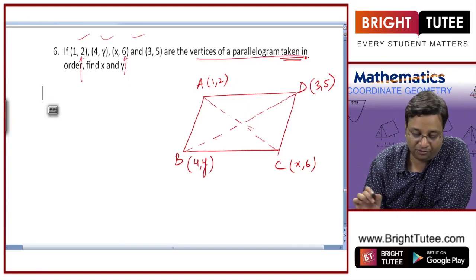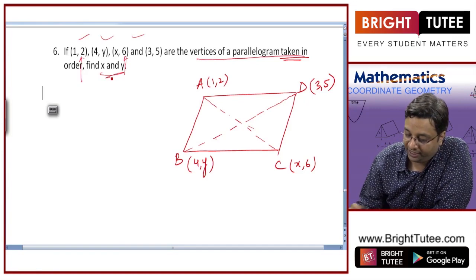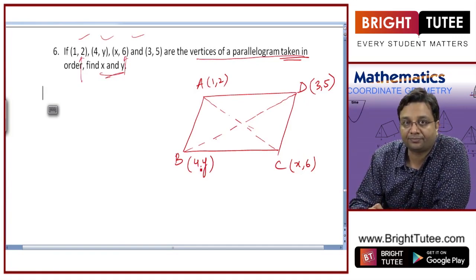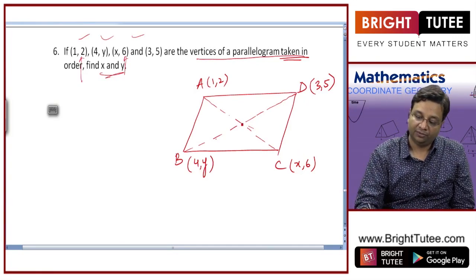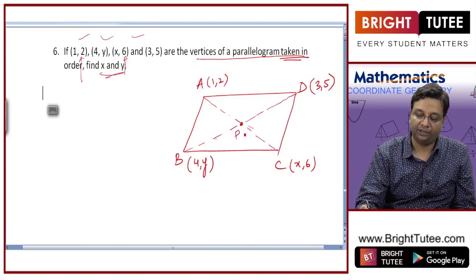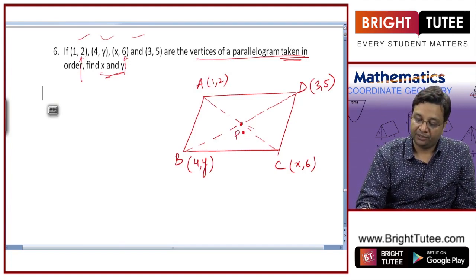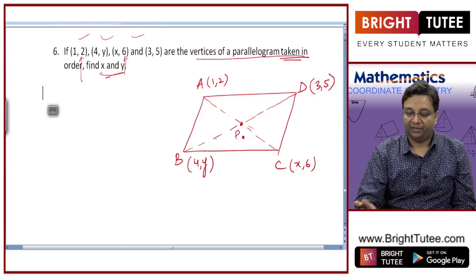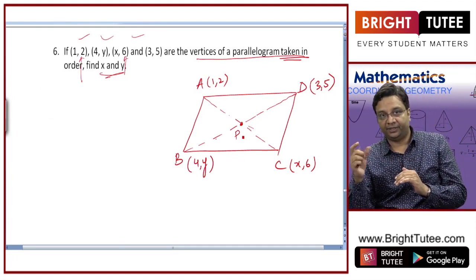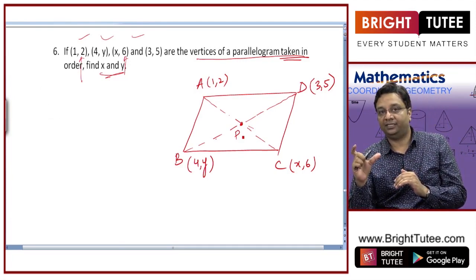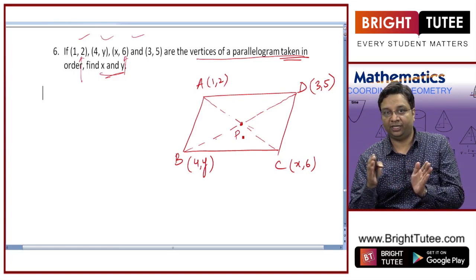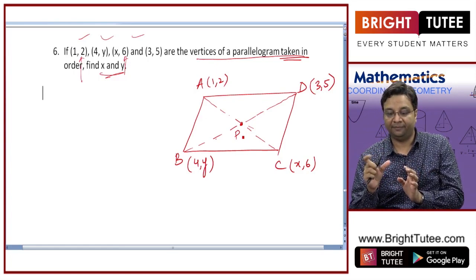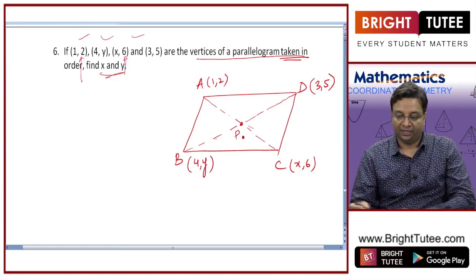Now these are vertices of a parallelogram. You need to find x and y. So we will use the property of the midpoint. Let's say this is point P. If you look from the diagonal BD, P divides line segment BD equally, right? It bisects BD. It also bisects AC.